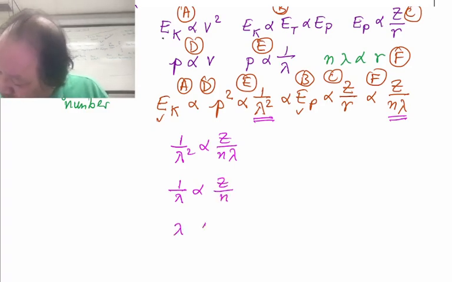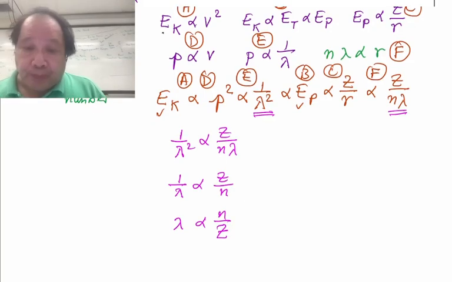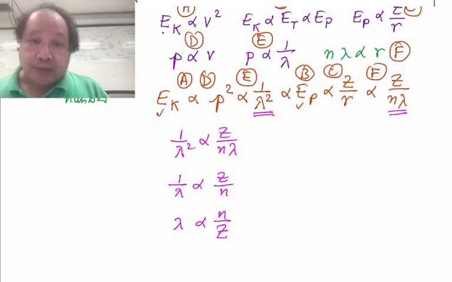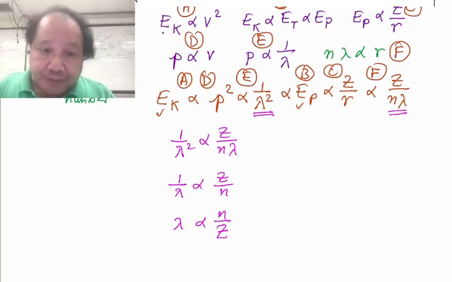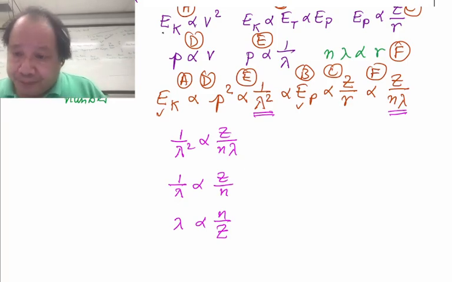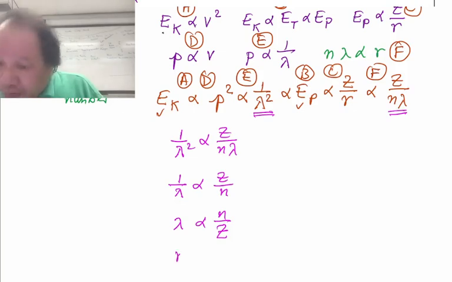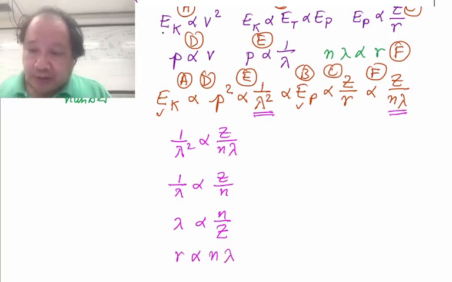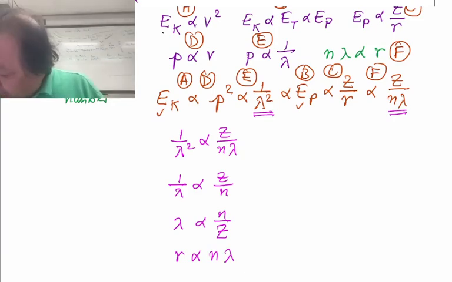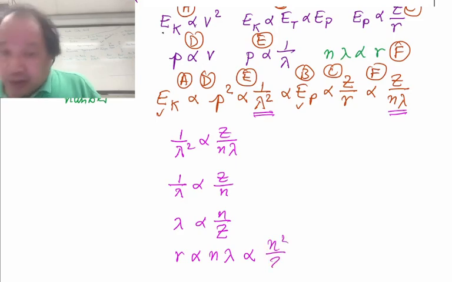Lambda is proportional to n over z. And we know from proportionality relationship F that R is proportional to n lambda. That's relationship F. And we now know that lambda is n over z, and therefore we get that R is proportional to n squared over z.